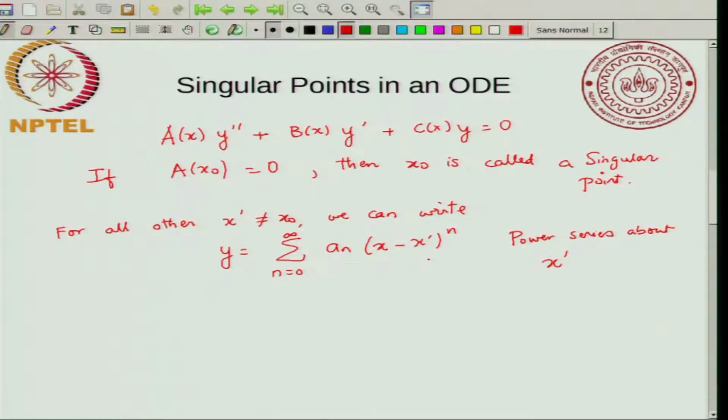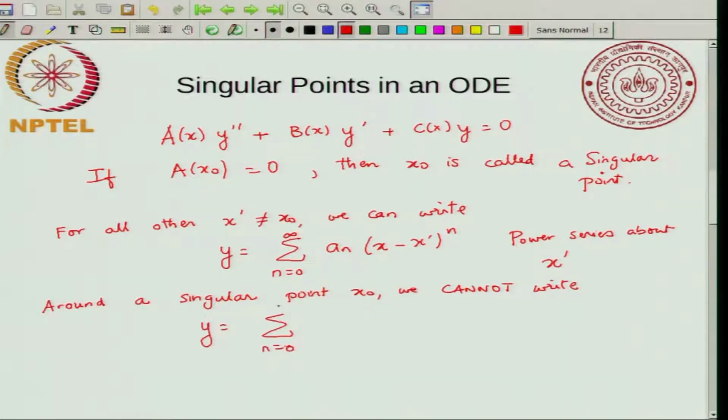But if you have a singular point, around a singular point x 0, we cannot write y is equal to sum over n equal to 0 to infinity a n x minus x 0 raised to n.